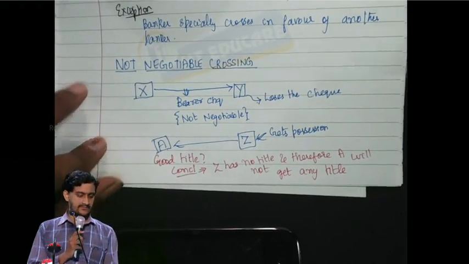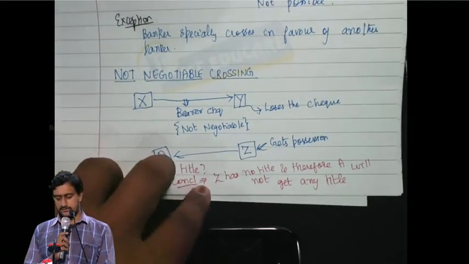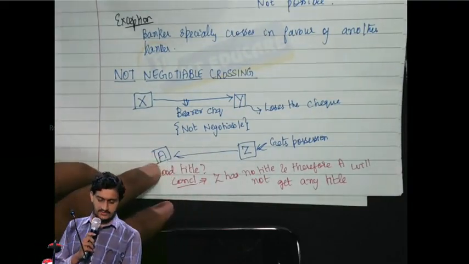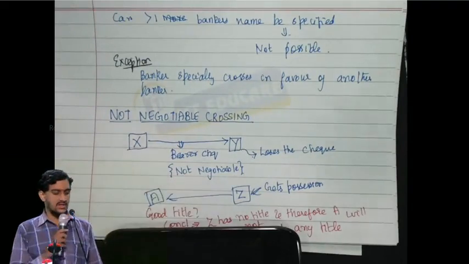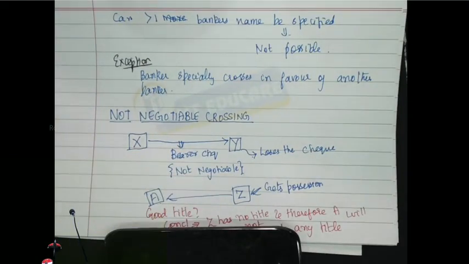Generally, in a negotiable instrument, the transferee gets a good title than the transferor if three conditions are satisfied.